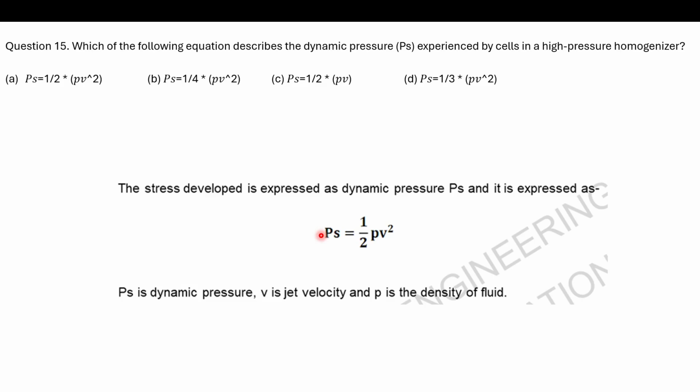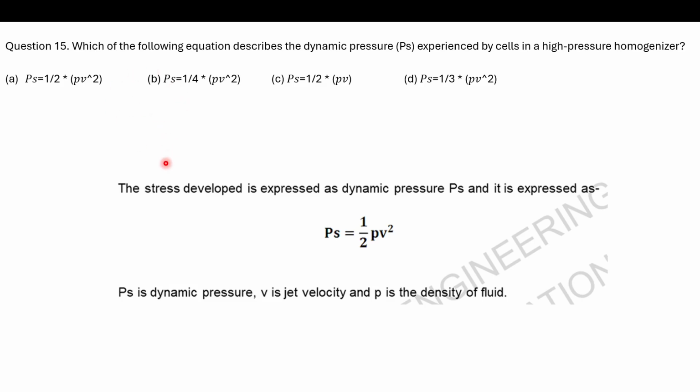There is a theorem called Bernoulli's theorem, which takes into consideration the pressure of the liquid at two ends and the kinetic energy or movement. Kinetic energy is half mv square, so the energy density or dynamic pressure is half mv square divided by the volume.